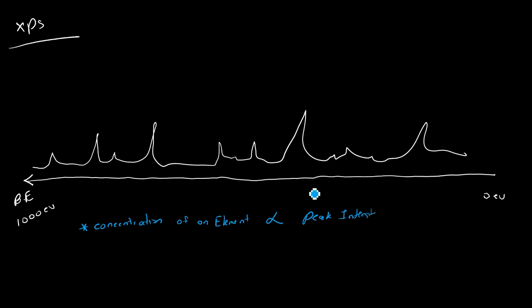In our previous example, we have the carbon 2s peak, so the higher the peak, the higher the carbon concentration on the sample. That's a very basic idea. This is how we get an idea about the concentrations of our samples.